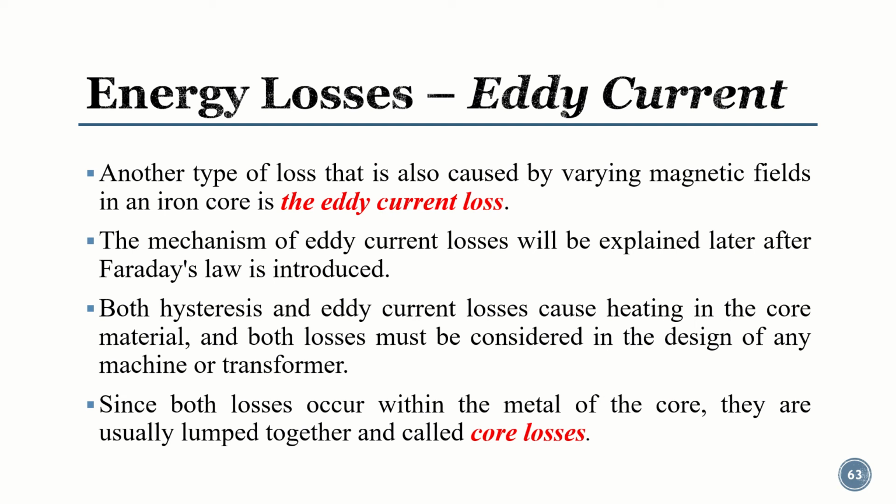These two losses are basically related to the core of the material. These are the material properties. If we characterize the losses of the material, it will be the hysteresis loss and the eddy current loss.